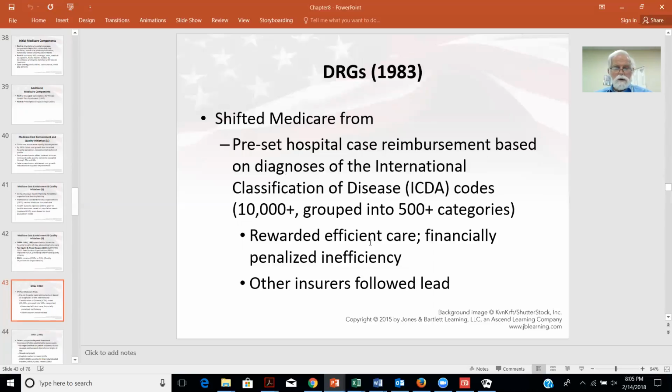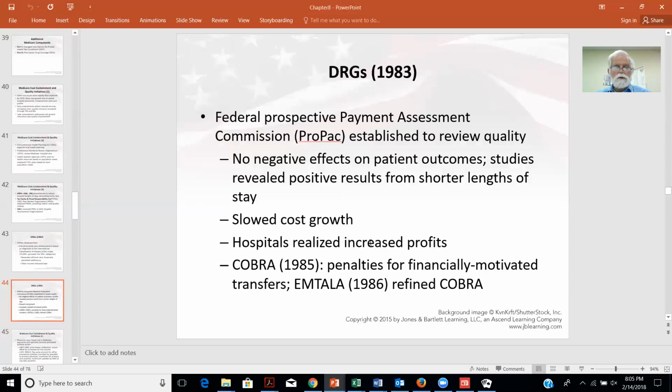They theoretically were to reward efficient care and penalize inefficiency, so insurers followed that too. It slowed cost growth. There was no real negative effect on patient outcomes. And hospitals actually saw a profit increase.